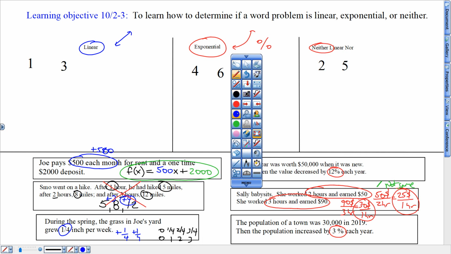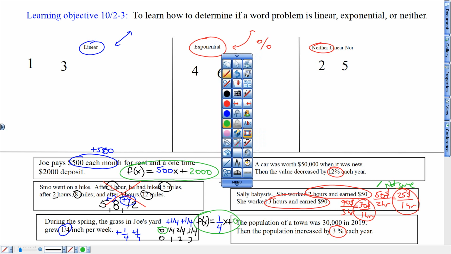It's adding by 1/4 each time. My number above the 0 term is 0. So this equation, I'm going to write f of x equals 1/4 x plus 0. That is the equation for that grass one.